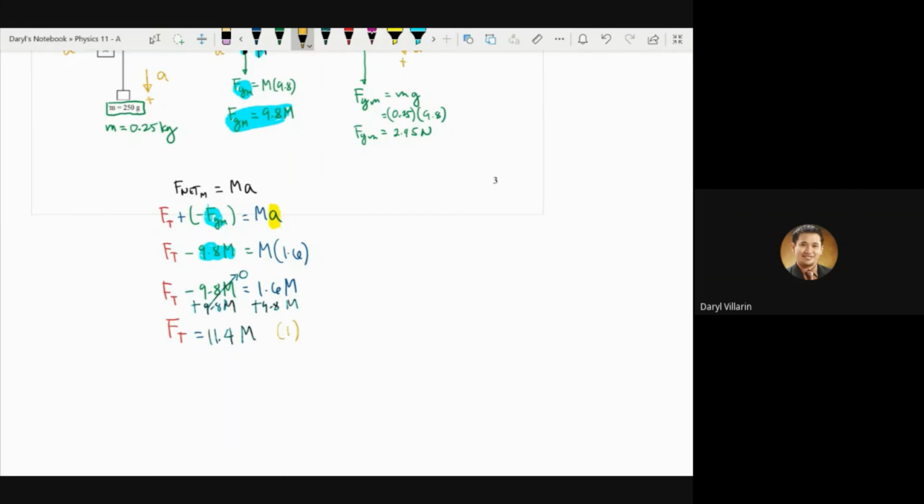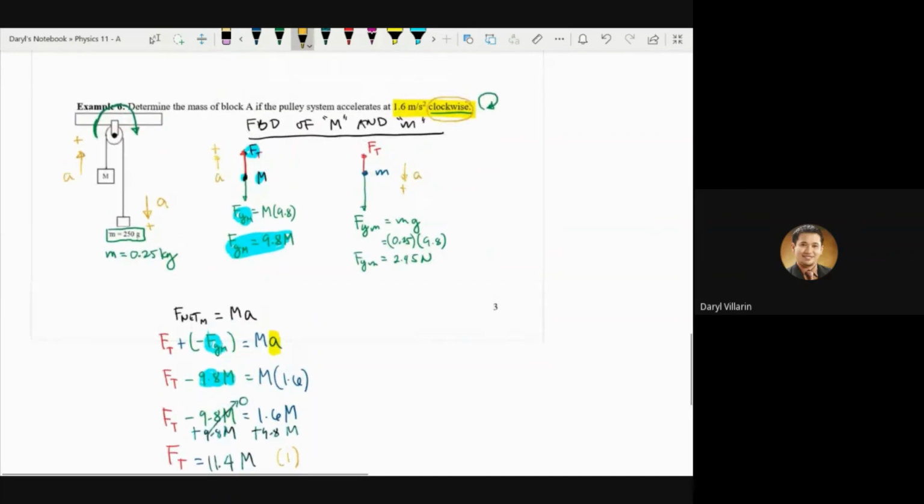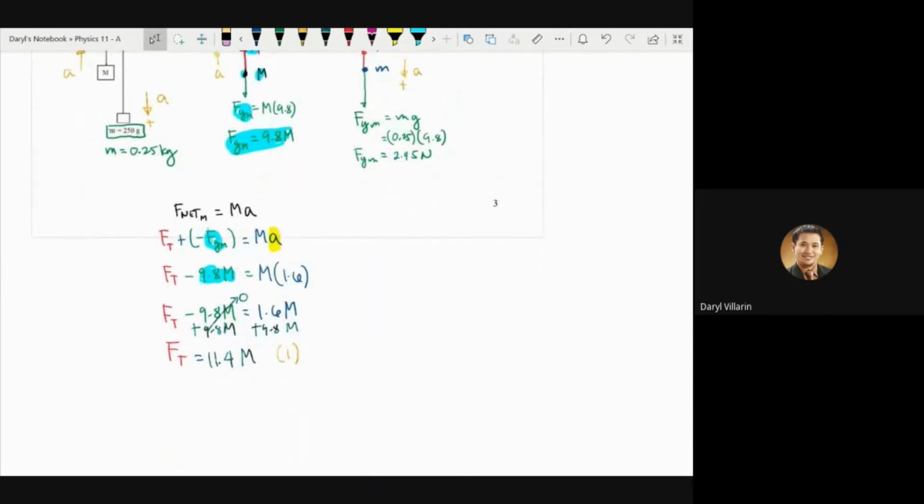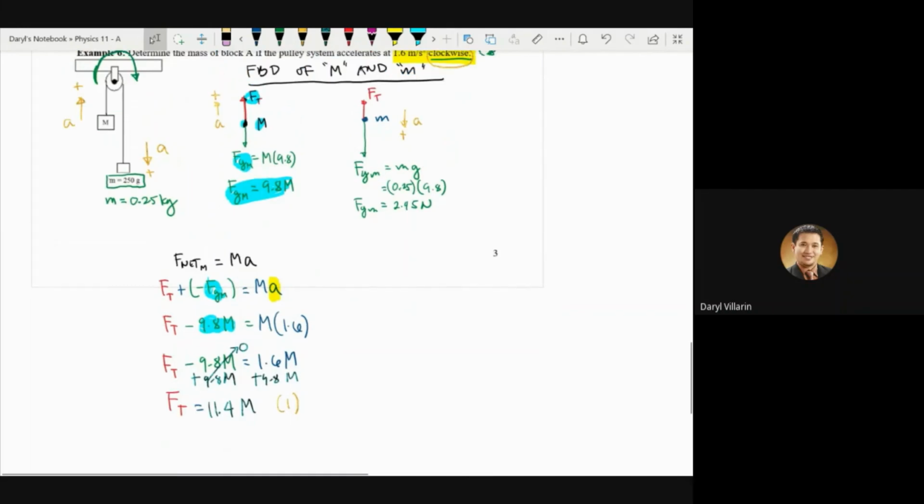And from this equation here, I cannot solve for either Ft or capital M. Although remember, I'll be solving for capital M in this case. Because again, with one equation, I have two unknowns. But then again, for my second object, I'm going to look at what are the forces acting on my small m. And again, the net force there is just equivalent to its mass times its acceleration.